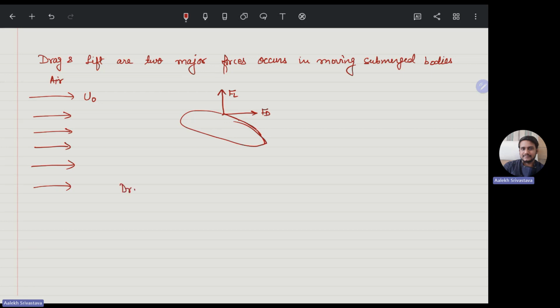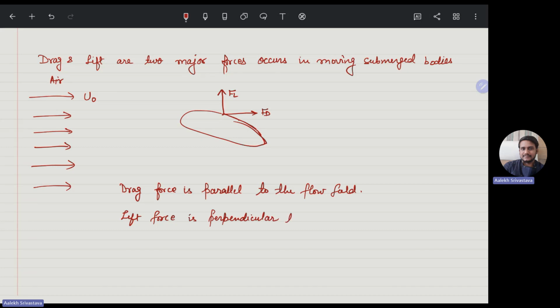So the drag force is parallel to the flow field, and the lift force is perpendicular to the flow field.